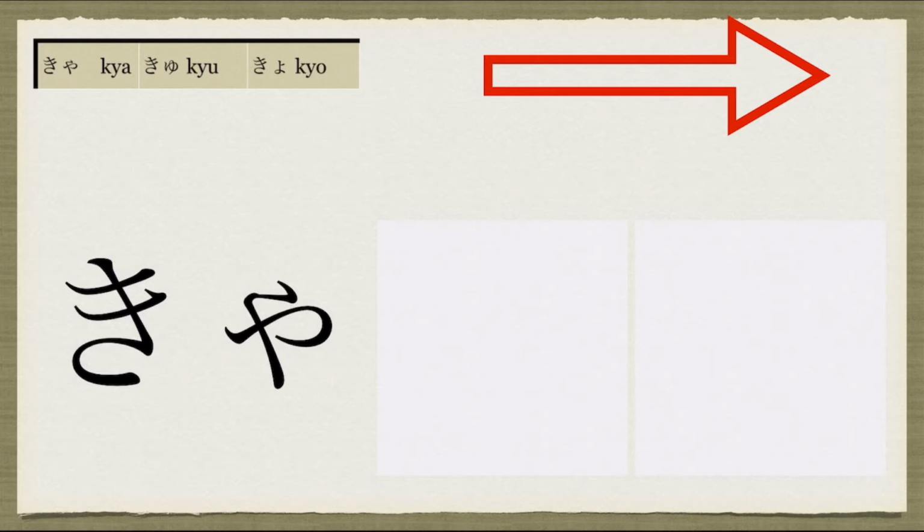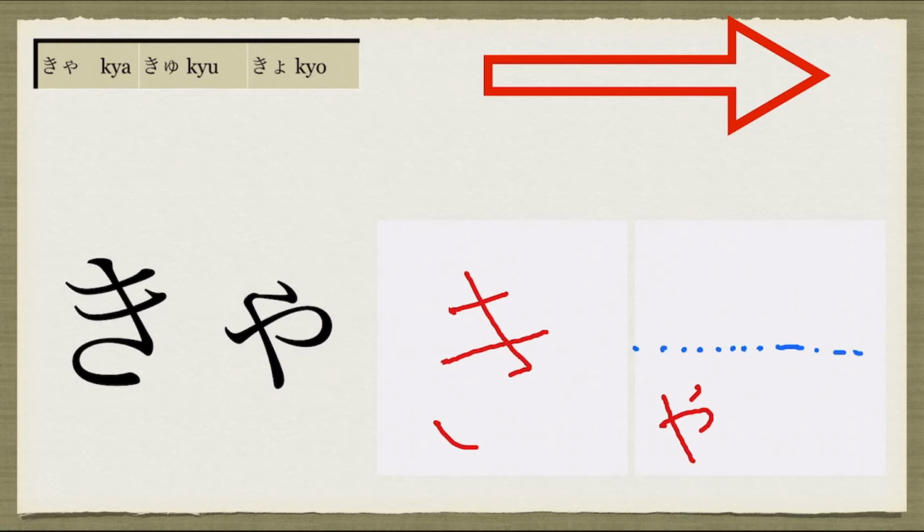Let's write. We have 2 writing systems. One is from left to right, the other is from top to down. When we write from left to right, we write kya. The small ya has to be in the lower left box.